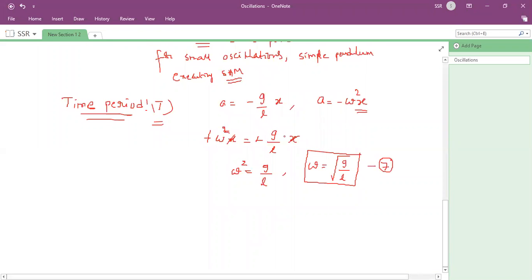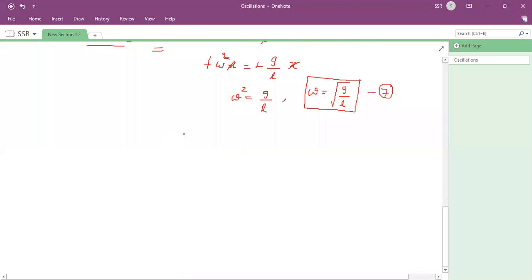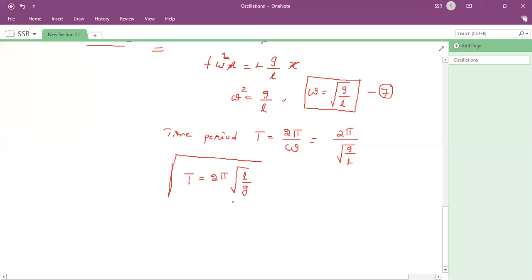We know that time period T is equal to 2 pi by omega. That is equal to 2 pi by root of g by L. Then you can write it upside down, so L goes up: T is equal to 2 pi root L by g. Have you seen this equation? The time period of a simple pendulum is 2 pi root L by g.